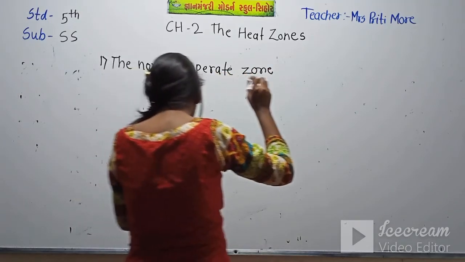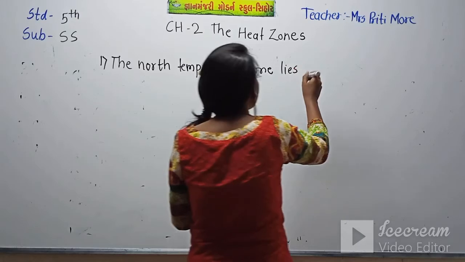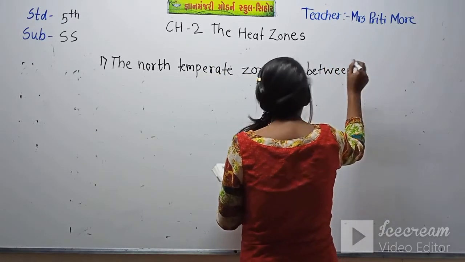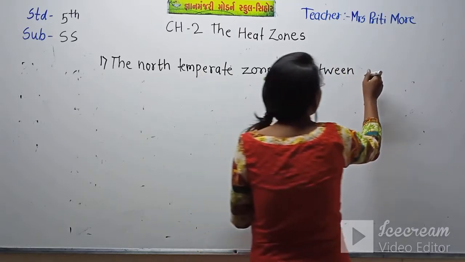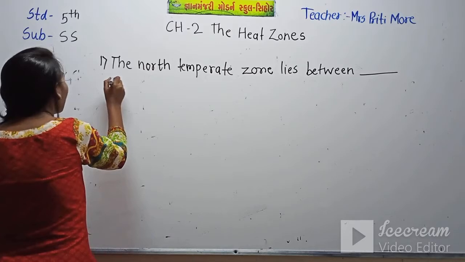The temperate zone lies between blank space. Now 3 options are there.